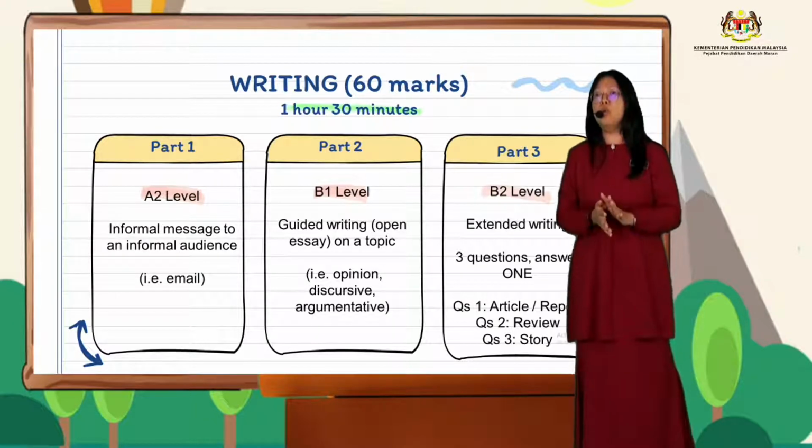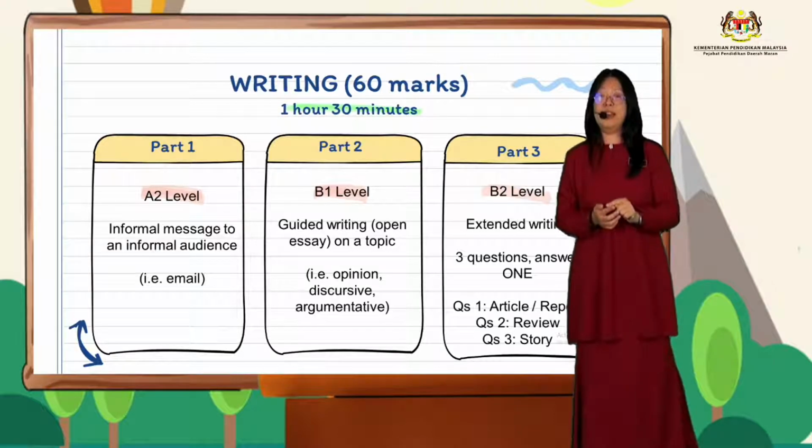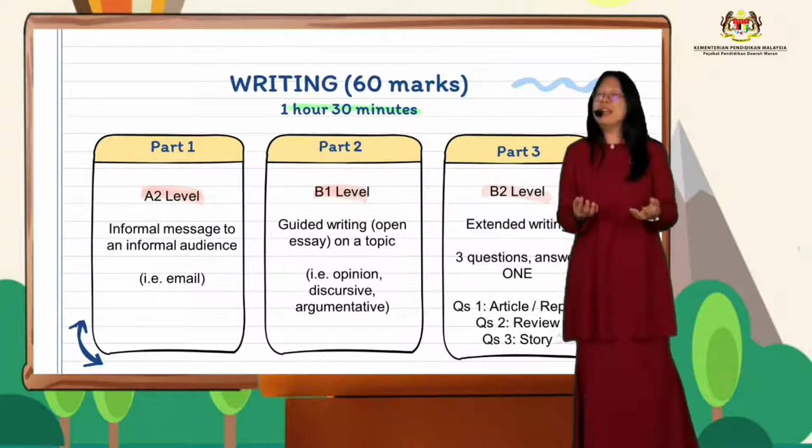There is no more bubble map. Now the points are given in the form of bullet points. It's still an open essay, but not a story or recount like what we had in the PT3 exam. It's more like giving an opinion, or a discussion or argumentative essay.